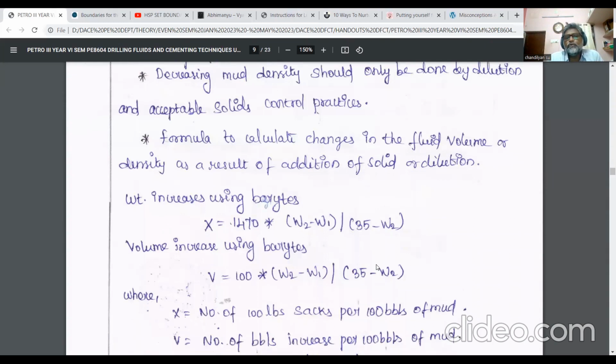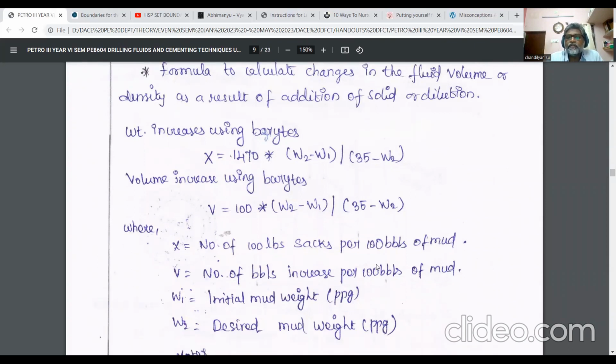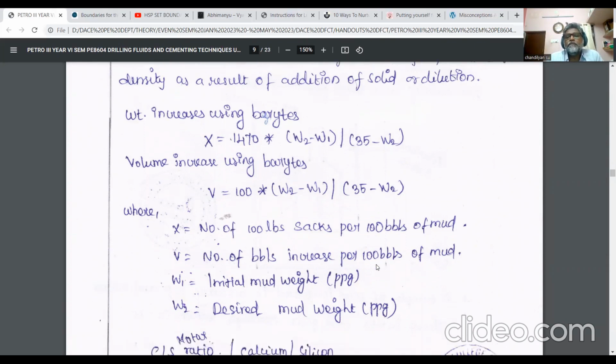The formula to do so is weight increase by barite. For barite alone, X is equal to 1470 into W2 minus W1, divided by 35 minus W2. So what is X? Number of 100-pound sacks. Sacks means the bags of cement or the mud.